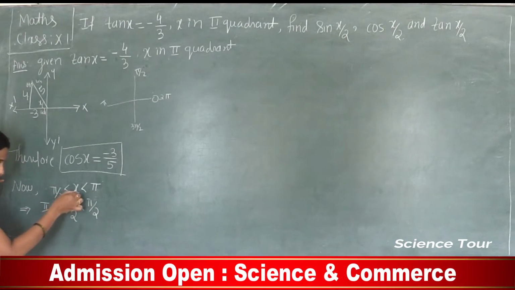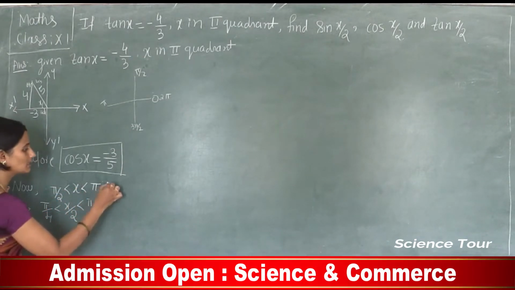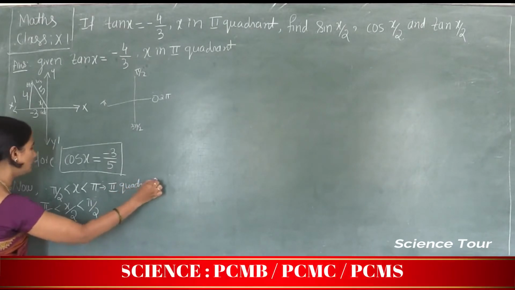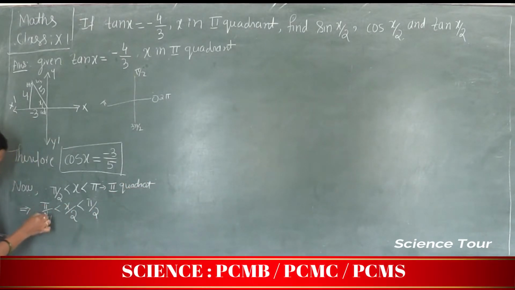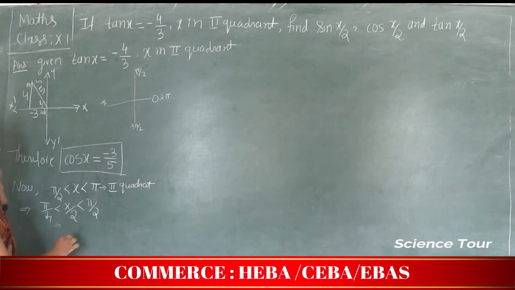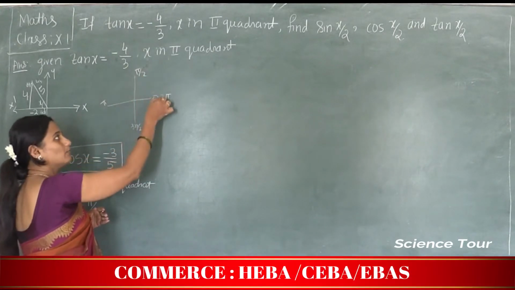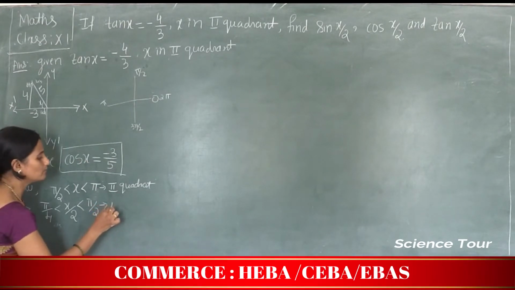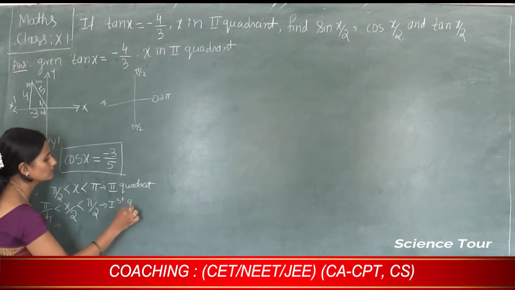So now x is in the second quadrant, so x by 2: pi by 4 means how much? 45 degrees. Pi by 2 means 90 degrees. So between 45 and 90 degrees, that lies in which quadrant? It lies in the first quadrant.